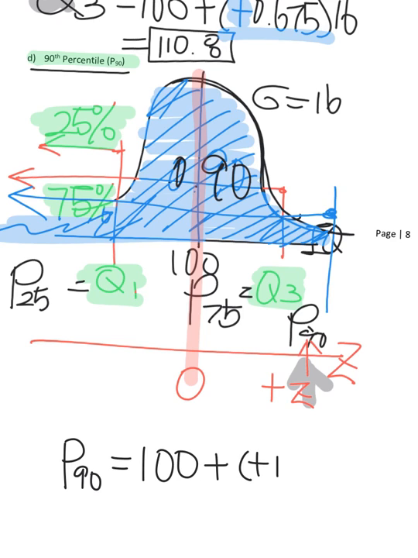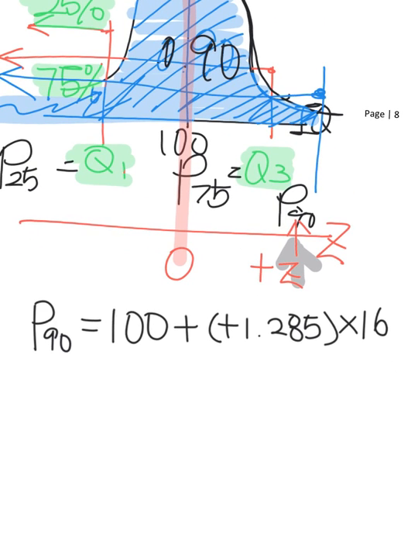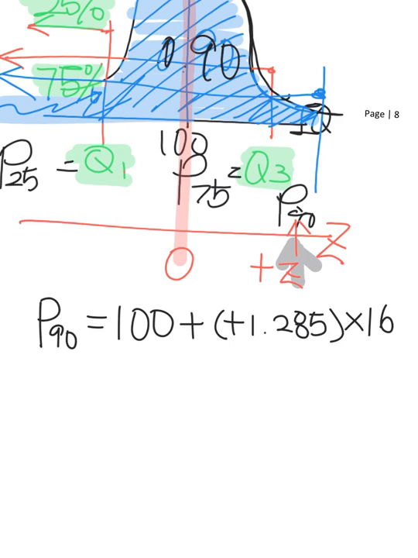Positive 1.285 times the standard deviation, 16. So how much will the 90th percentile be, please? Anybody?